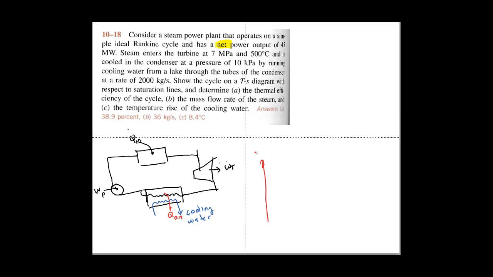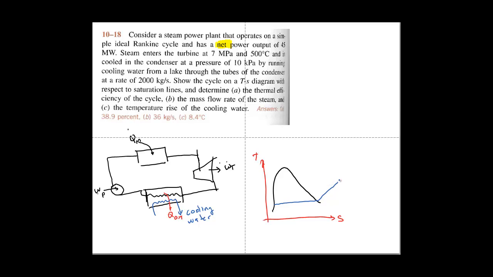drawing our TS diagram that we are also required to do. And first of all, we draw our dome. Remember, this is not exact, so it's just a representation of what is going on. We start by drawing the lines of constant pressure.